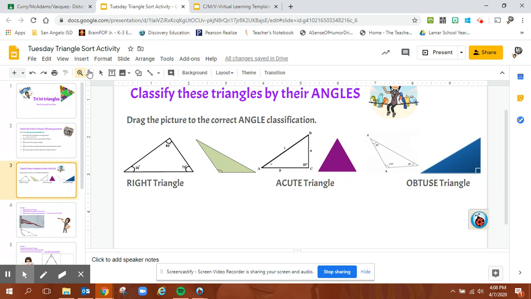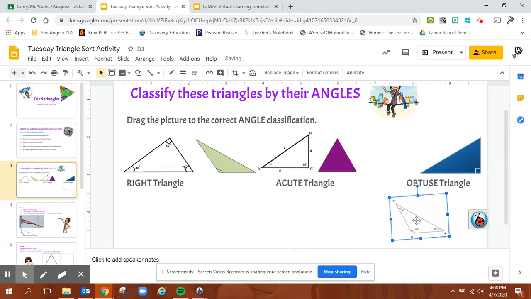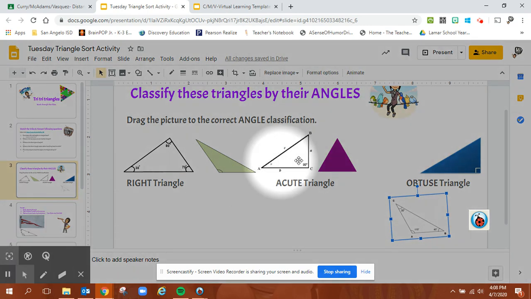So when I look at this one, it looks to me like this one is an obtuse angle, because it has one angle that's more than 90 degrees. Okay, when I look at this one, I notice that it tells me right here there's a 90-degree angle right there.